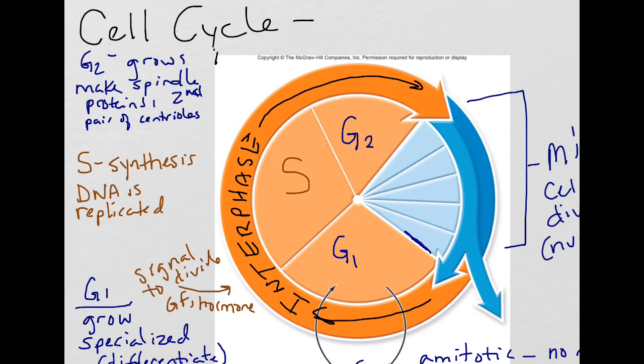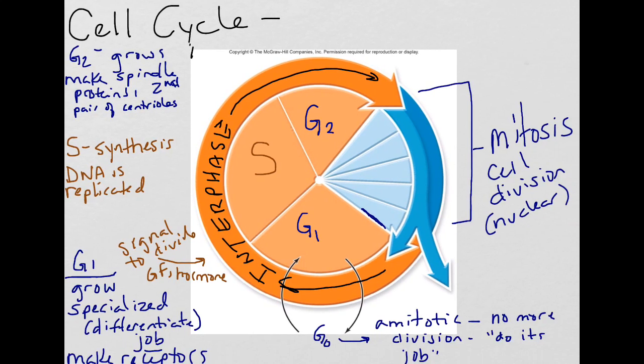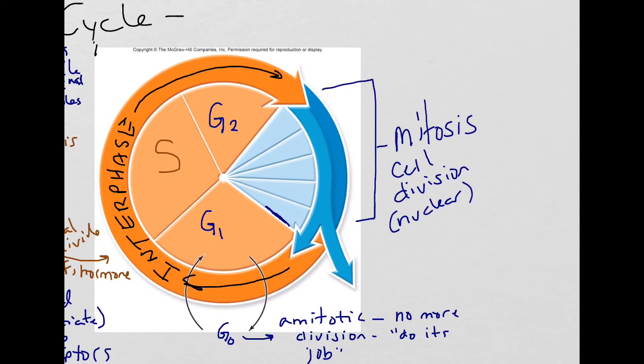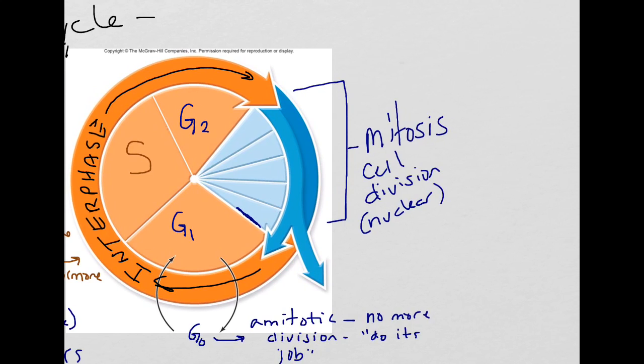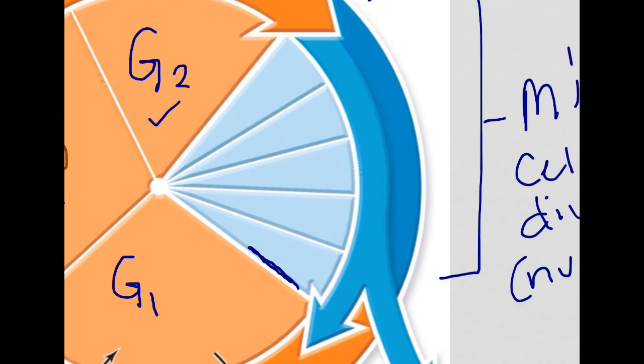Okay, so it's growing and it's making the stuff that it needs, the spindle and the centrioles, that it needs to go through mitosis. Okay? All right, so then, once everything is made, we've copied our DNA, we've grown and made our spindle, now it's time to go through mitosis.